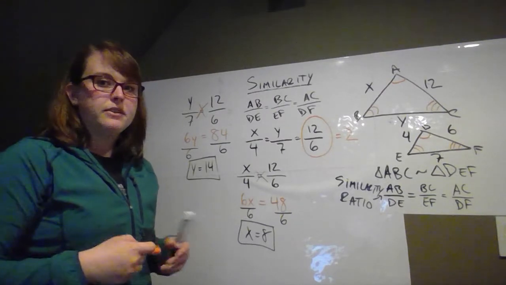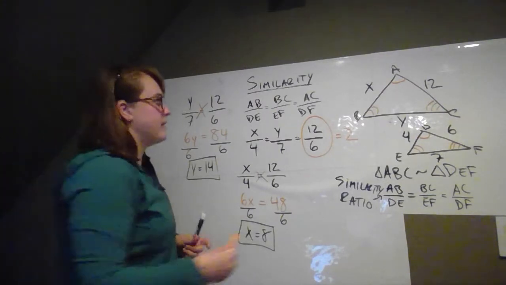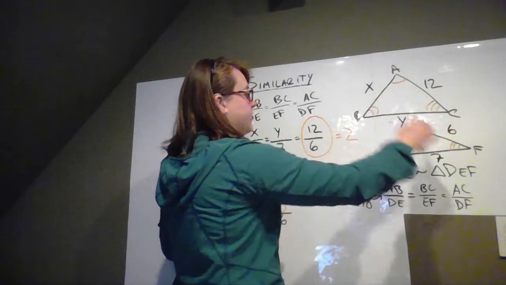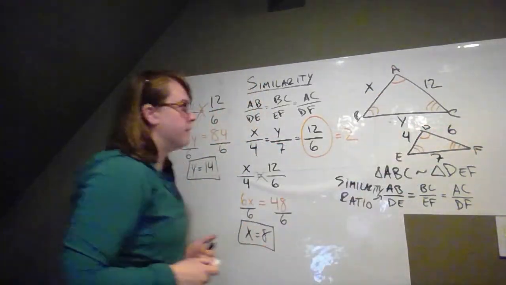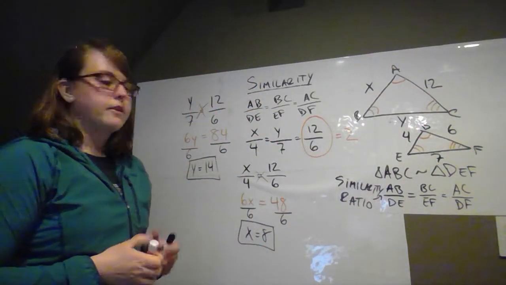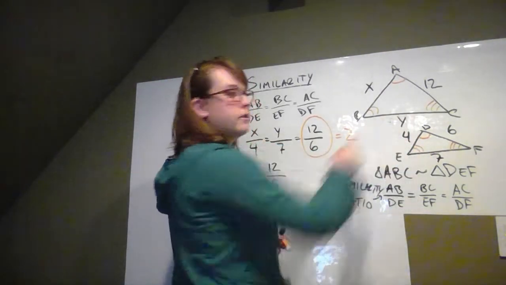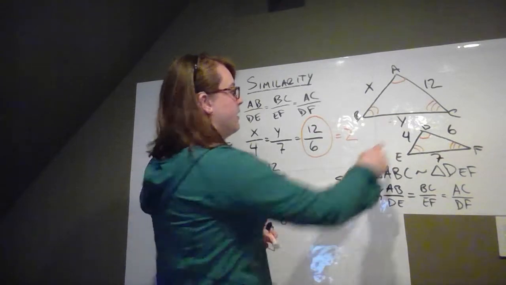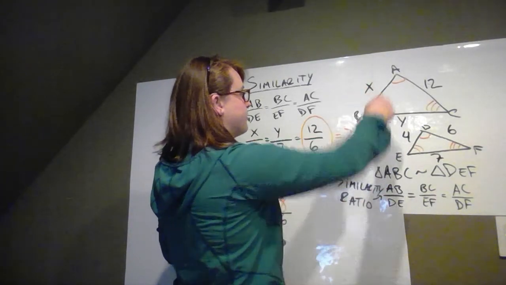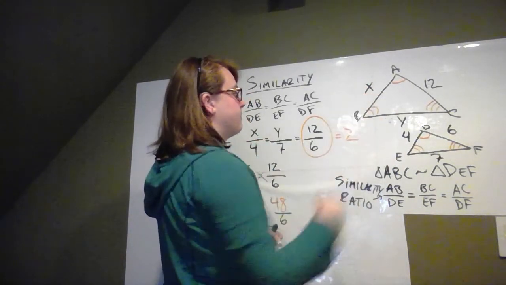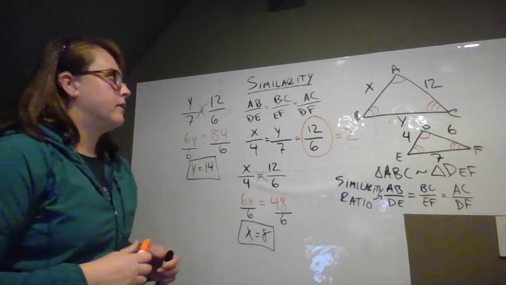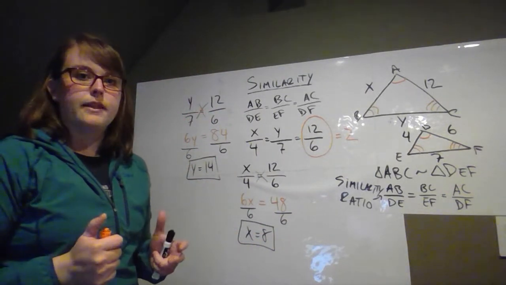And if my similarity ratio is 2, that tells me that this bigger triangle is twice the size of the smaller triangle. So I could also just go, oh, okay, 7 times 2 is 14, so y is 14. 4 times 2 is x. So x is 8. So we could also do it that way.